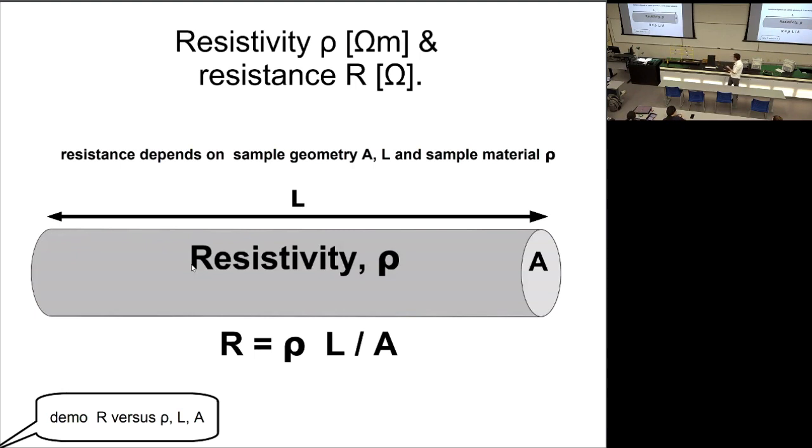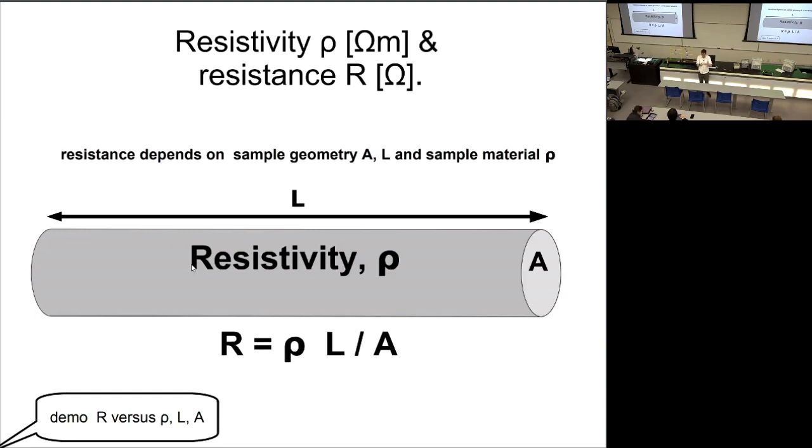If you want to understand this equation, think about it this way. If you had a longer wire, what would happen? Two otherwise identical wires, but one's longer than the other one. If one is longer, so L is bigger, this equation says that the resistance will be larger. And that sort of makes sense, right?